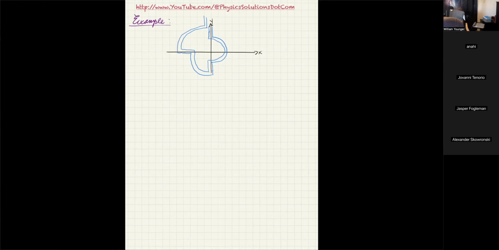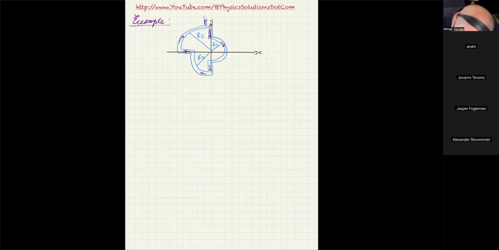And what I'm going to say is the current is coming down. It's going this way, this way, this way, this way, and this way. And what we have here is this one has a radius R1. This one has a radius R2. And this one has a radius R3.